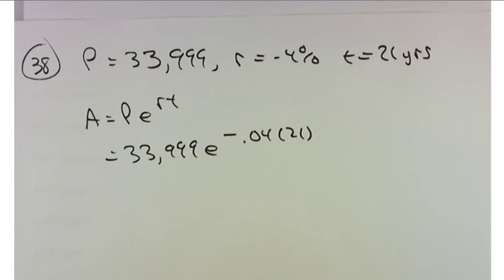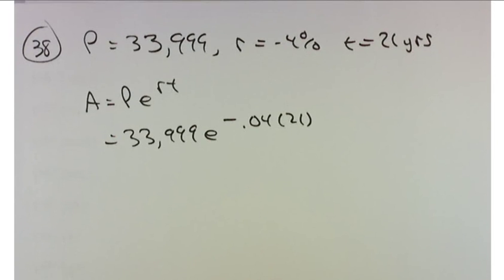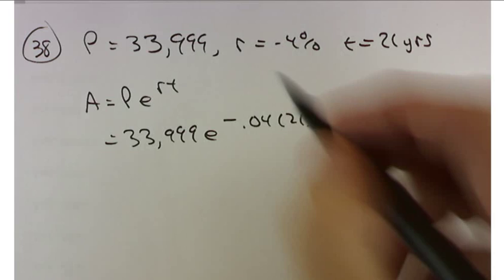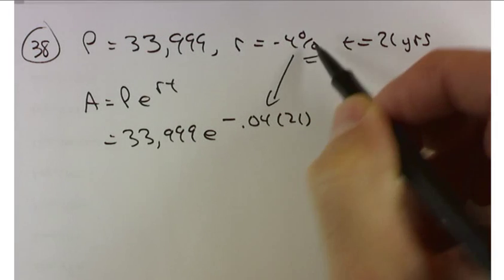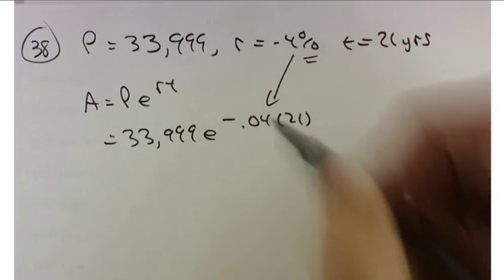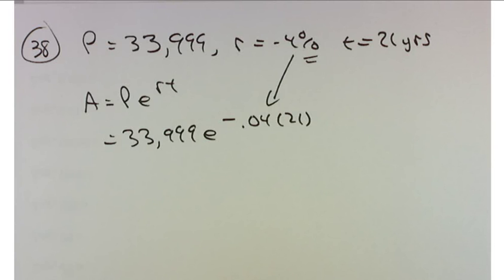See if you can get that number out of your calculator. And let's see, where should we round this? Round to the nearest hundredth per the instructions. Well, it's 4%, so 4% as a decimal is 0.04. And then the negative came with it.